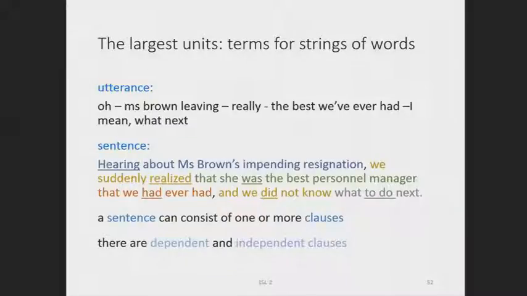Remember the concept of a finite verb versus an infinite or non-finite verb. Yeah? So the ones that can tell the tense, so realize, had, did, those we call finite verbs, the tense ones, and the other ones are non-finite.